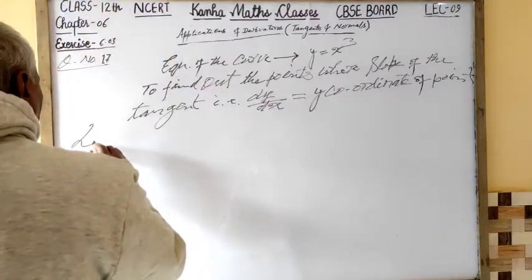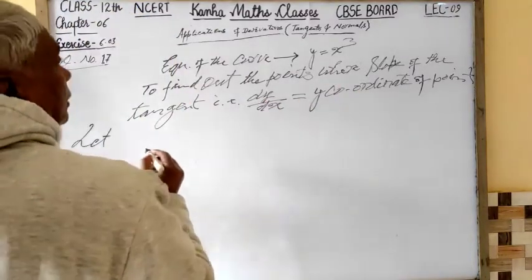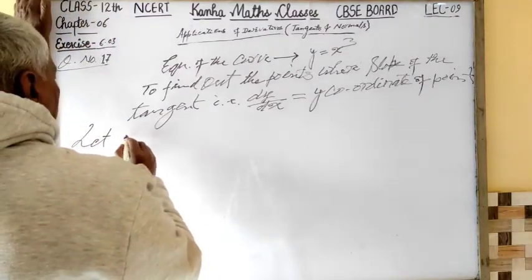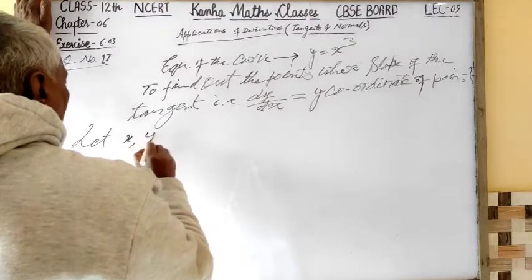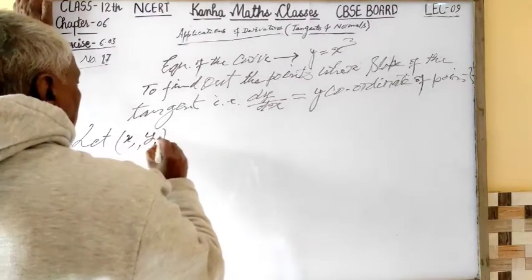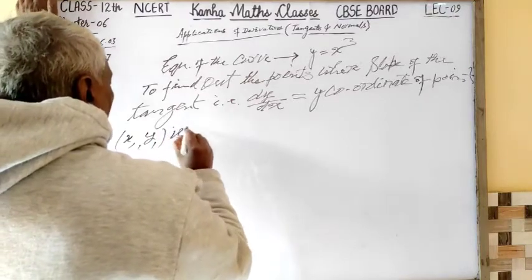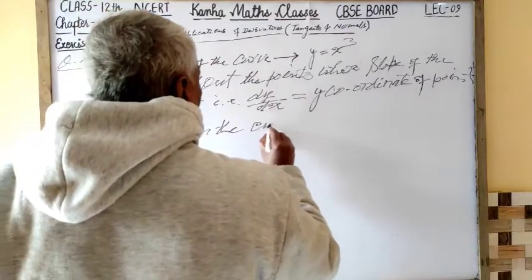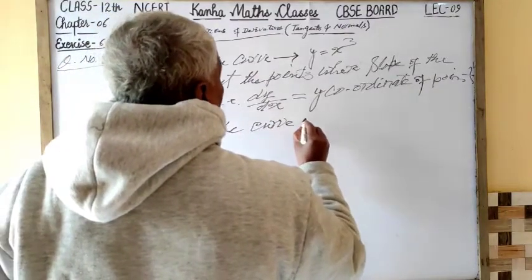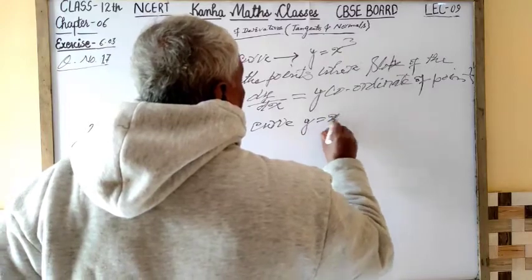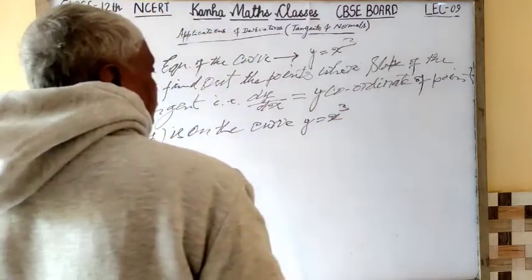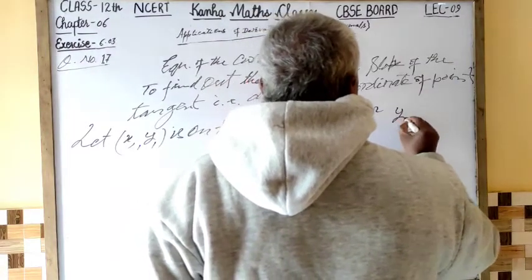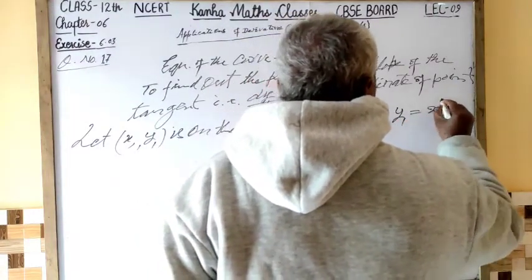Let x1, y1 be on the curve y is equal to x cube, or y1 is equal to x1 cube.